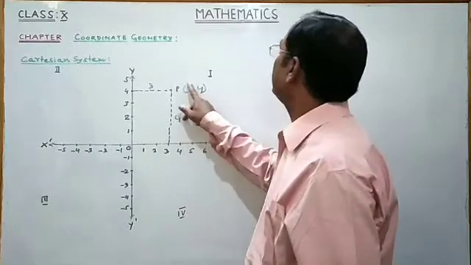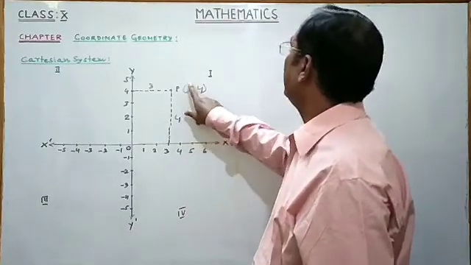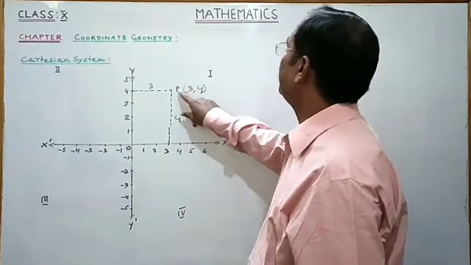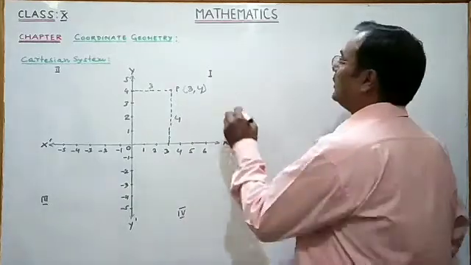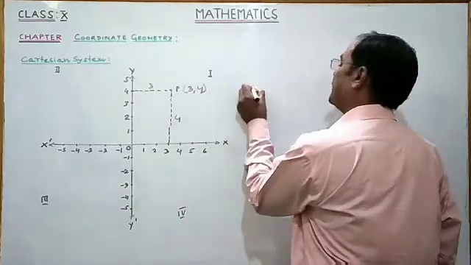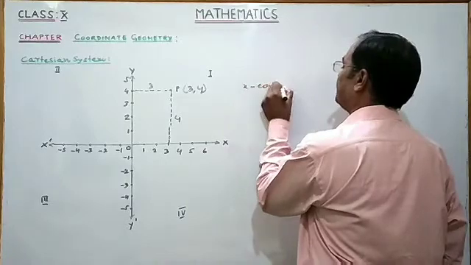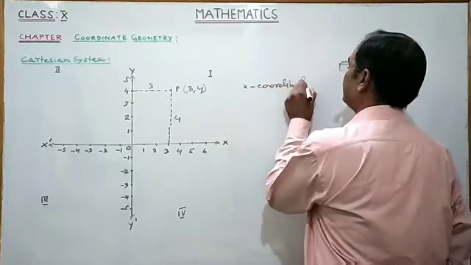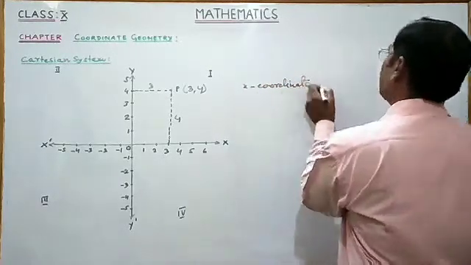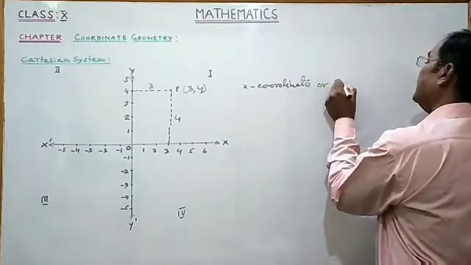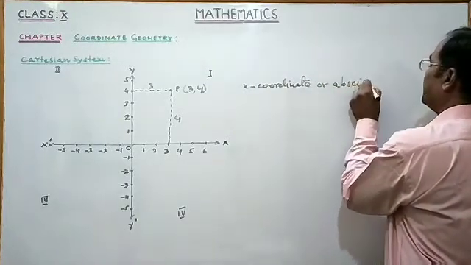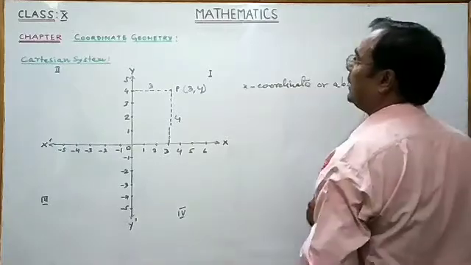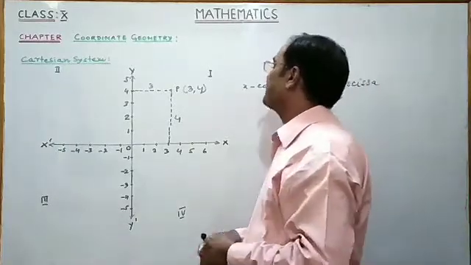So this first number is called the x coordinate of this point P. It is also called the abscissa of the point P.